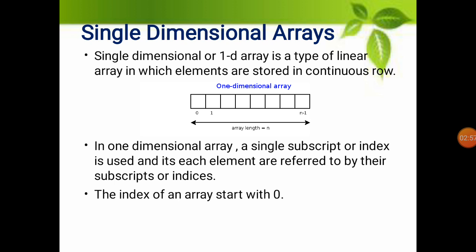A single dimensional or 1D array is a type of linear array in which elements are stored in a continuous row: 0, 1, 2, 3 up to n minus 1. In a one dimensional array, a single subscript or index is used and each element is referred to by its subscript or index. The index of an array always starts with 0.